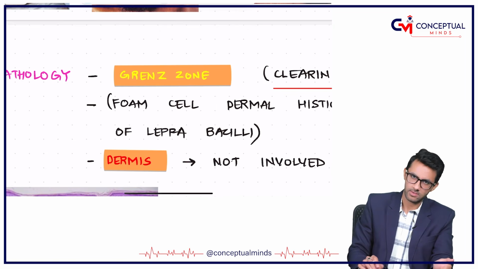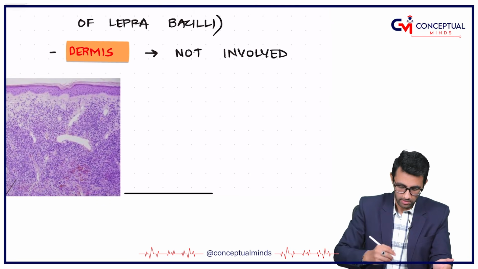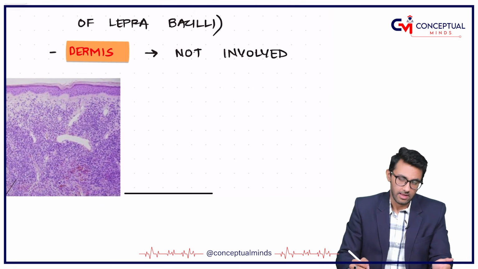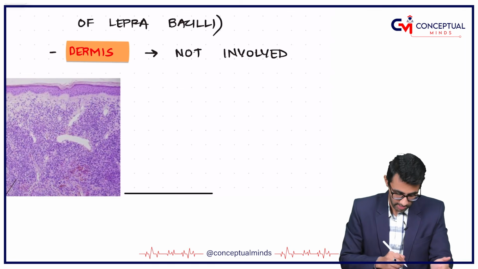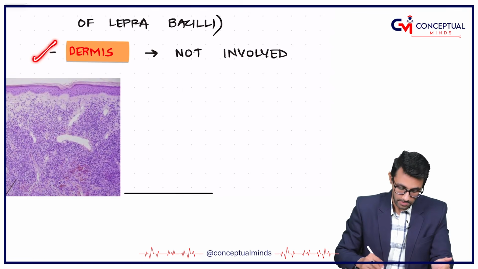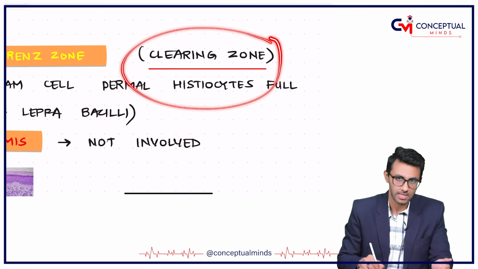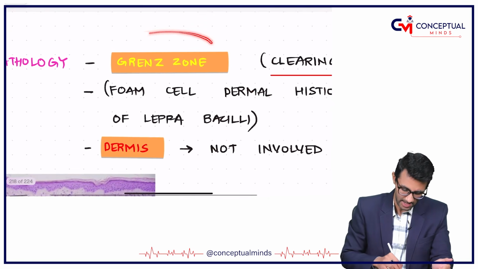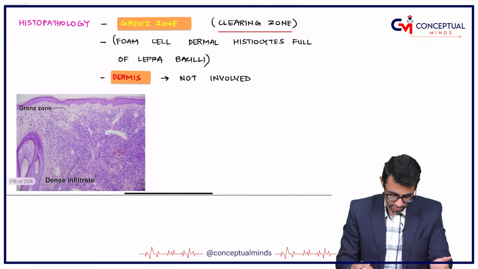Did you get this point very clearly? I took it the other way around because I feel this is the best explanation for it. The dermis is not involved, that is the reason there is a clearing zone, which is the Grenz zone. These three vocabularies, you know them now.